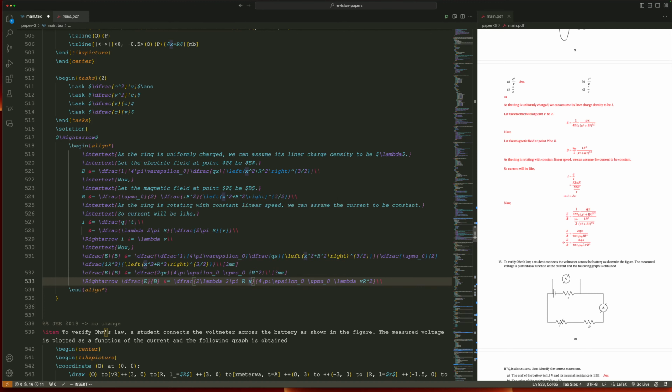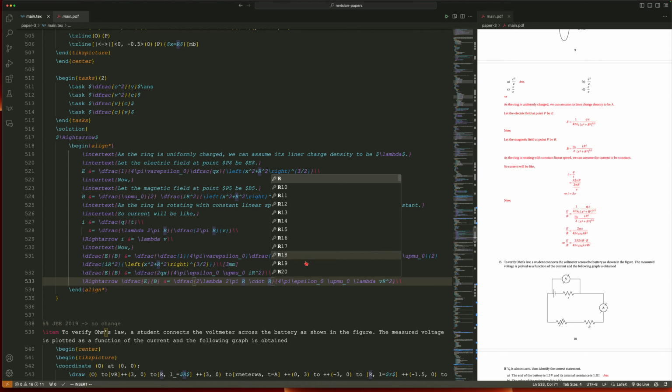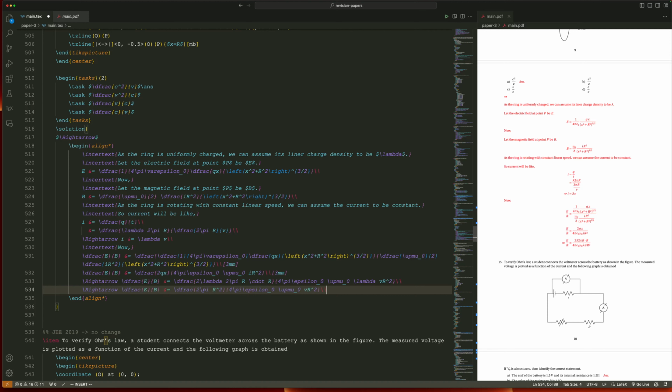And in terms of c dot, again instead of x we're going to put, so yeah, 2 pi seems right, lambda is right, v r square seems right. So now let's continue with the flow and see what happens.